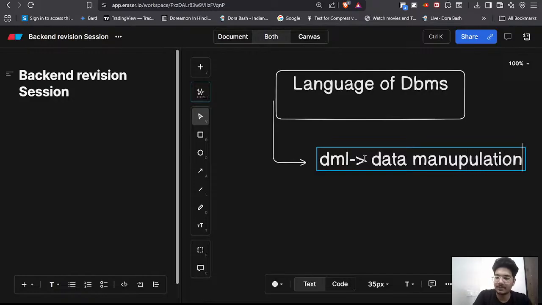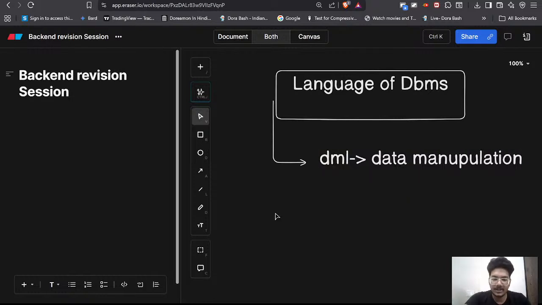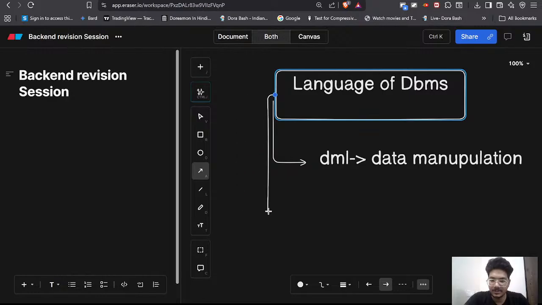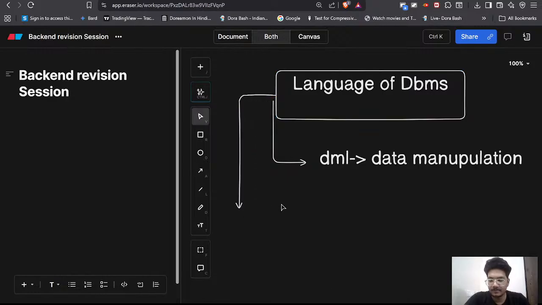After that, we have to study data definition language, DDL.